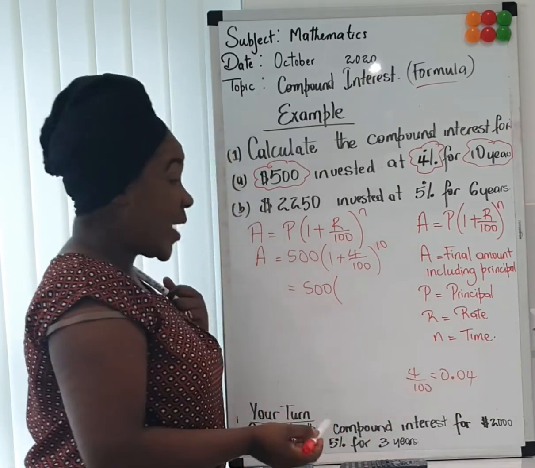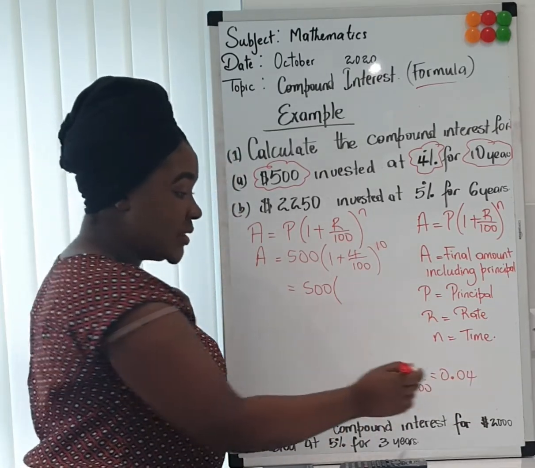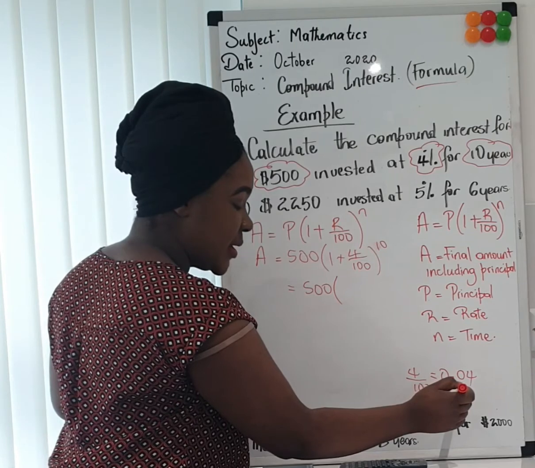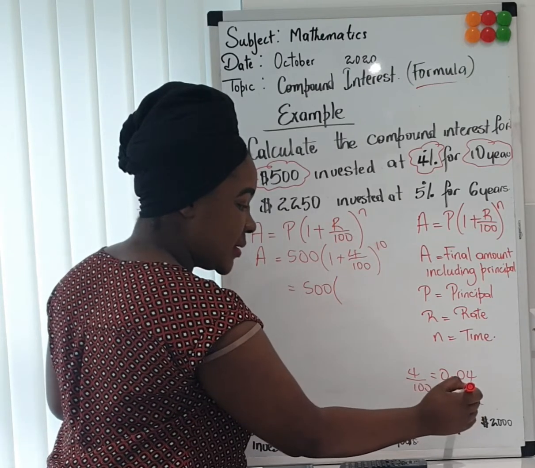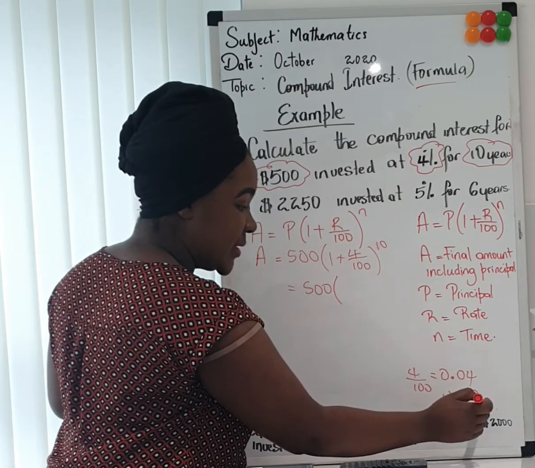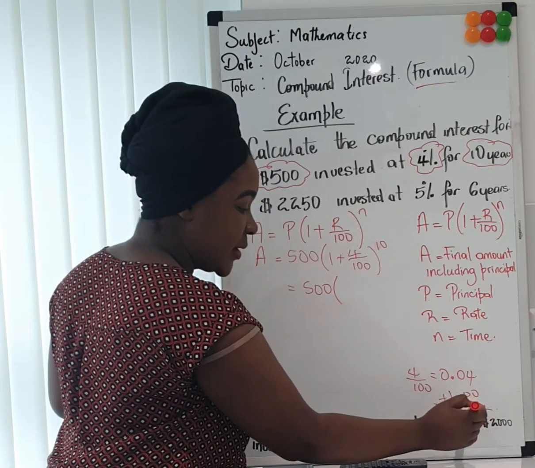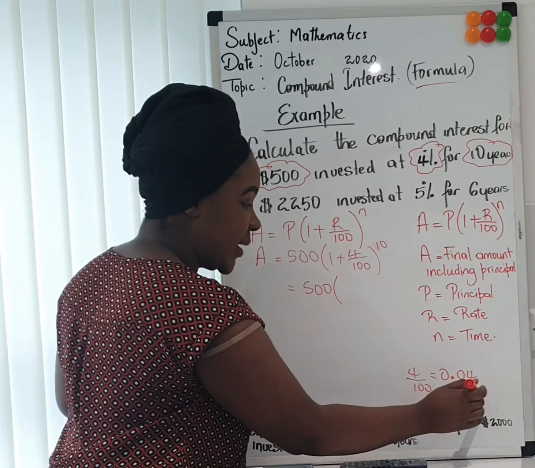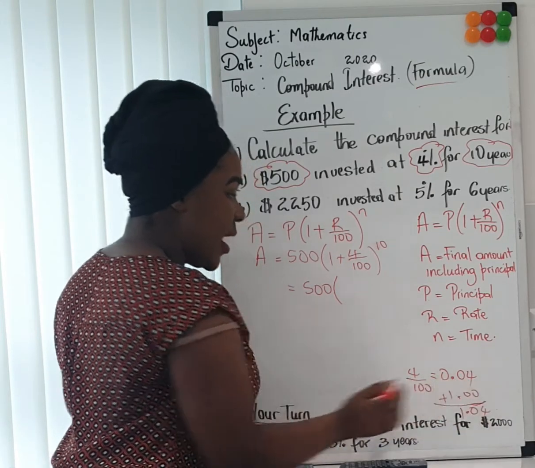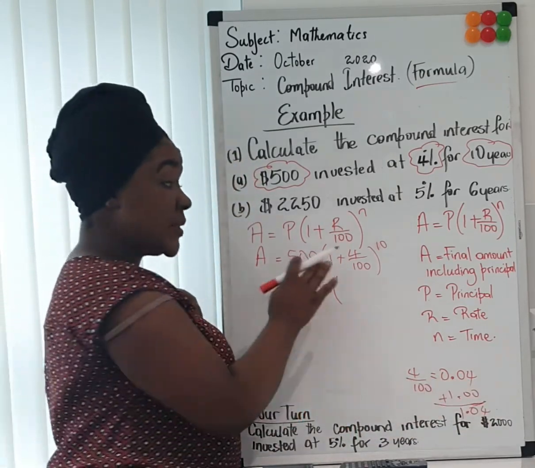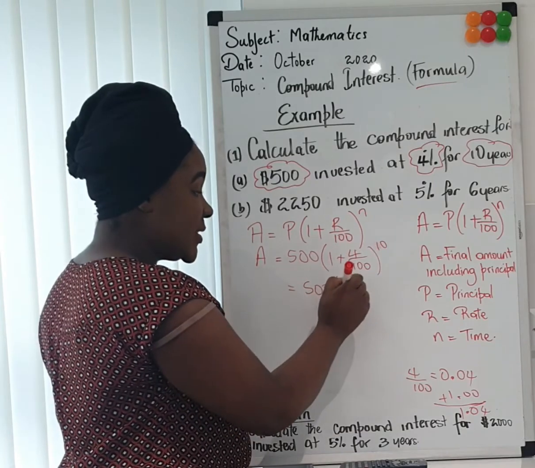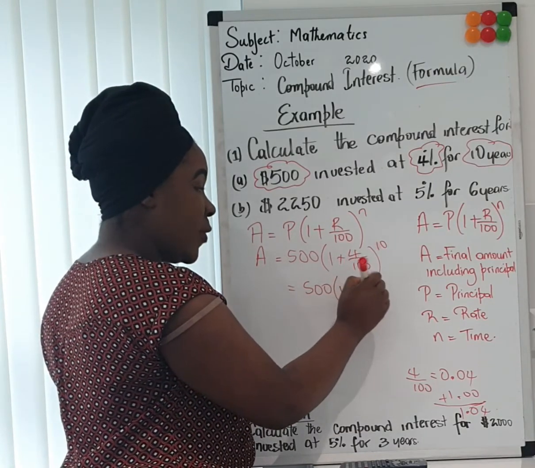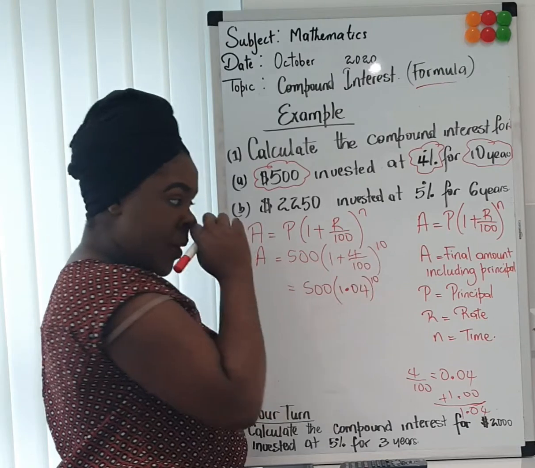And if I add 1 to this, I will get 1.04. You could have done this by putting it into the calculator as well. So it's 1.04 raised to the 10th power.